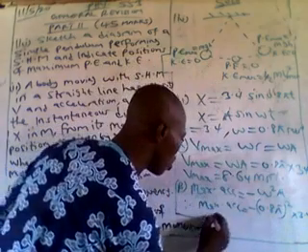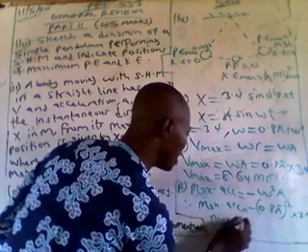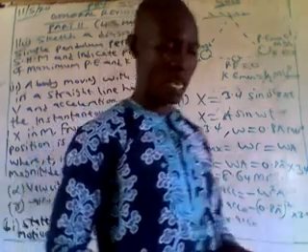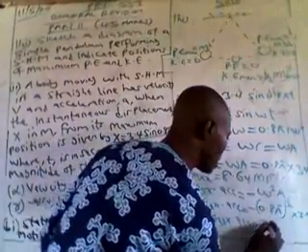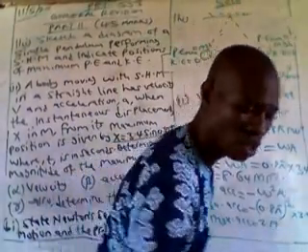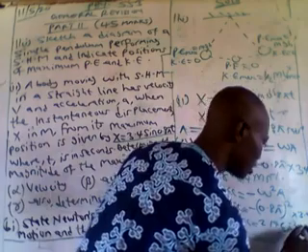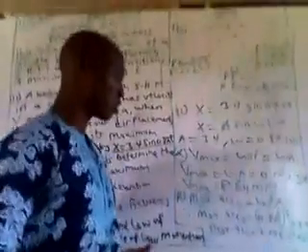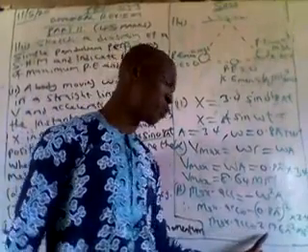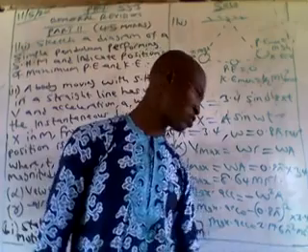If you use your calculator to find the final answer, our final answer will give 2.176 pi square meter per second. Maximum acceleration was 2.176 pi square meter per second.